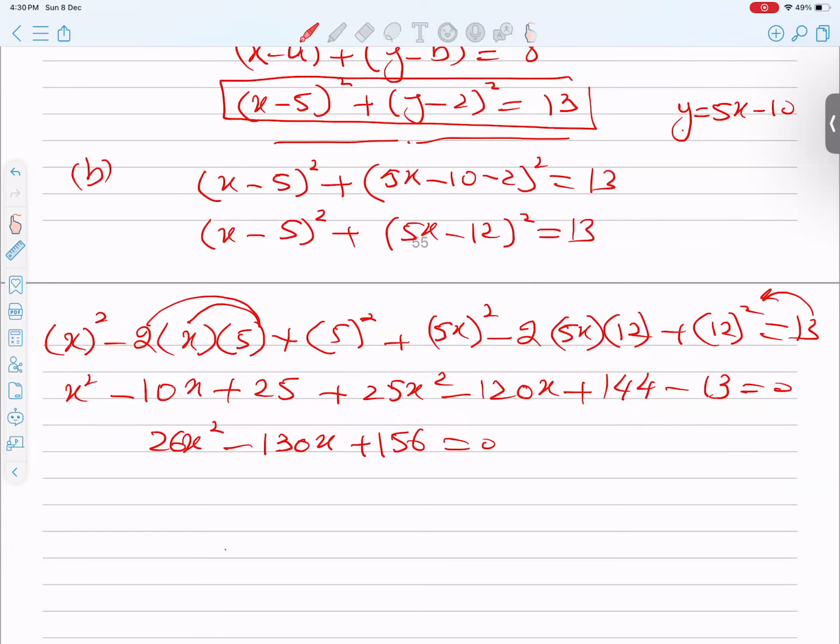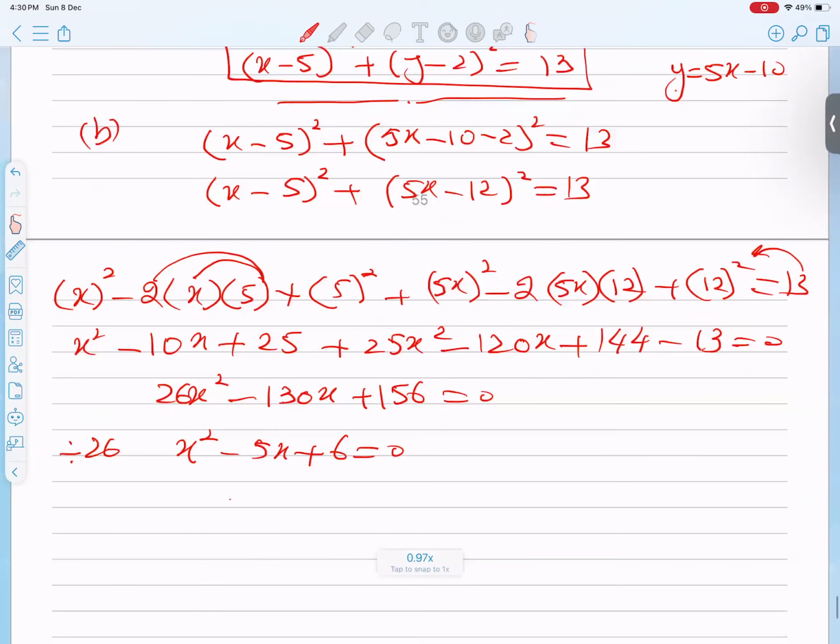I believe this part is very clear. After this, what is the plan? If I check, they are all divisible by 26. I get x squared minus 5x plus 6 equals 0. Let me recheck again, 1 minute please. Yes, it's true. Now I'm going to factorization. I have two choices, factorization or the quadratic formula.